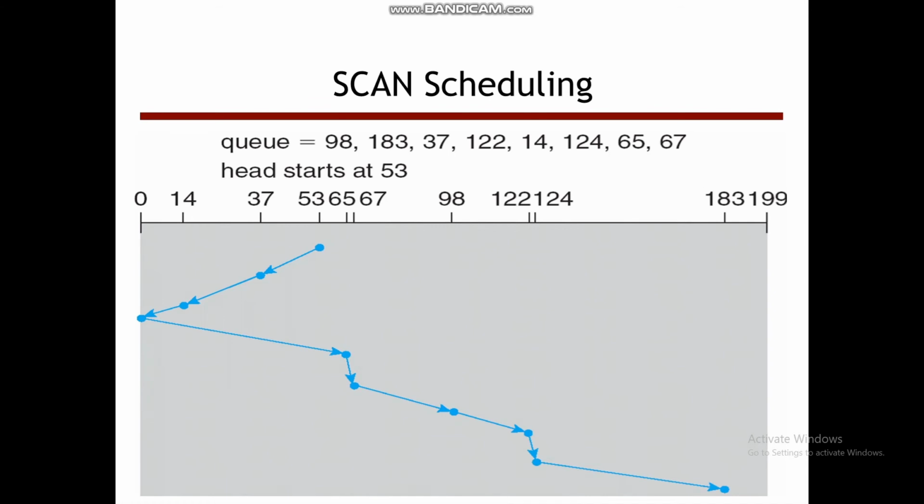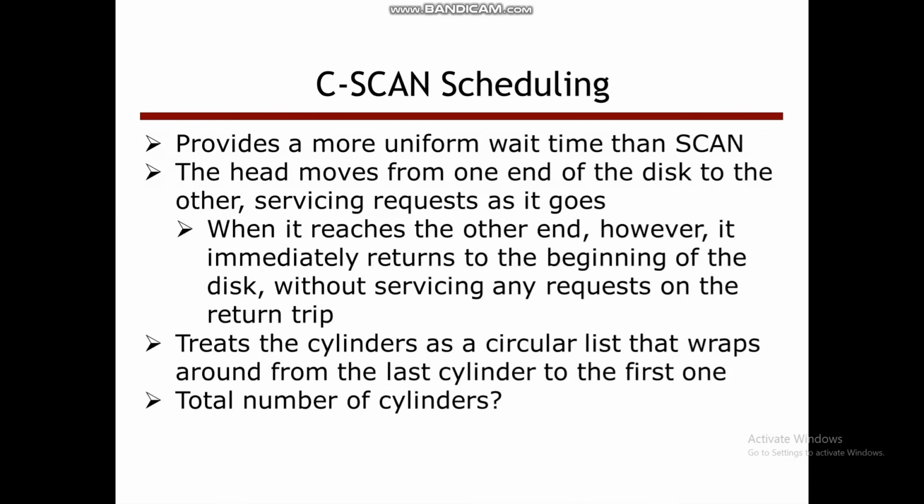The next algorithm of this similar pattern is C-scan scheduling, also known as the circular scan scheduling algorithm. We have seen that the main drawback of scan scheduling is that the waiting time is not uniform. Some requests wait a long time and some are serviced immediately.